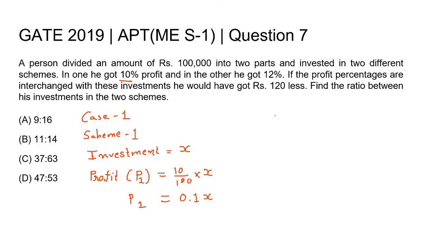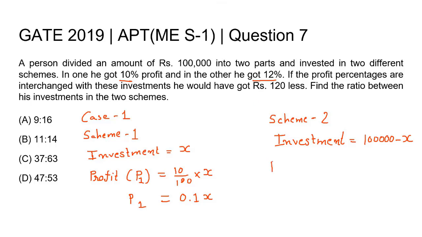In the first case, for scheme 2, the person invests the remaining amount. So, in scheme 2, investment will be equal to 1 lakh minus X. In this case, the person gets 12% profit on the invested amount.